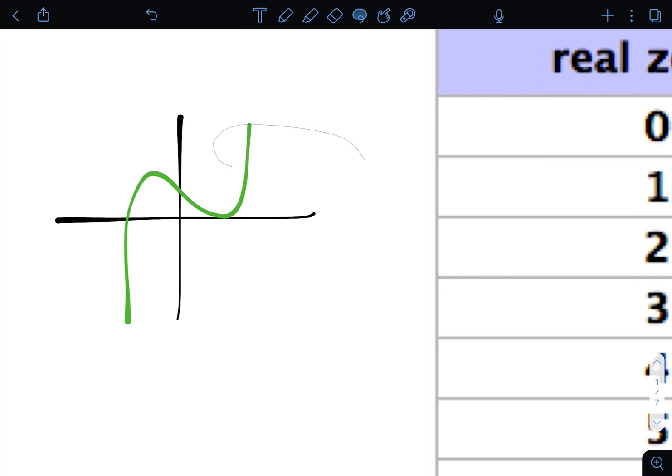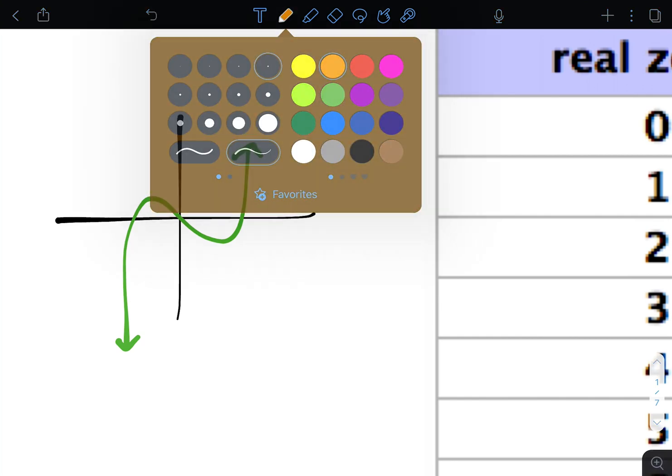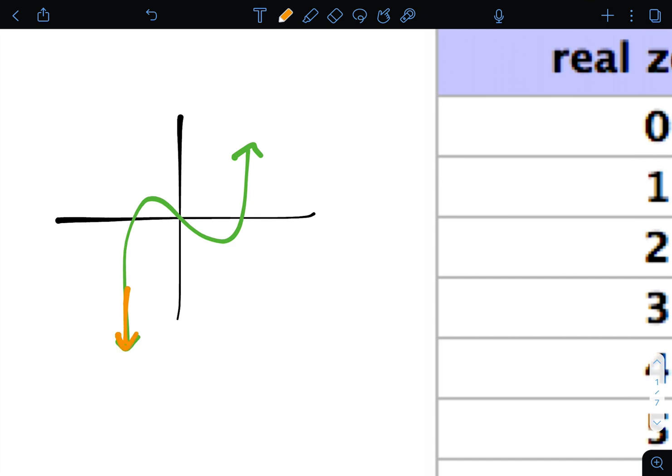Or I could switch it up again, and I see we have 3. Because of the end behavior, it is impossible for me to have a cubic function and not have any zeros, because I have one side going off to negative infinity and one side going off to infinity. That means at some point we have to cross the x-axis.